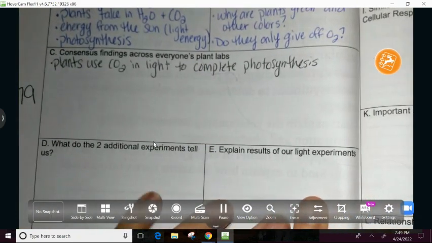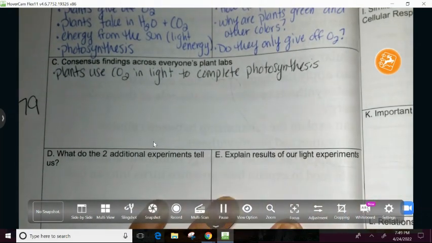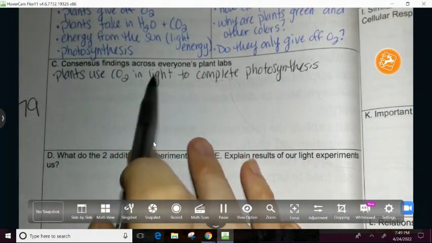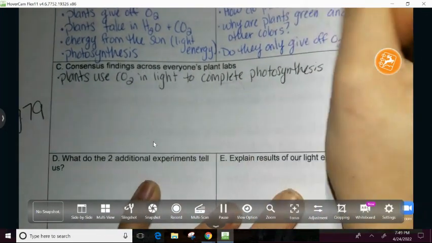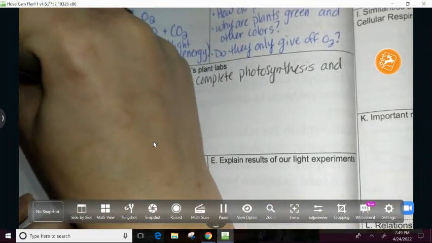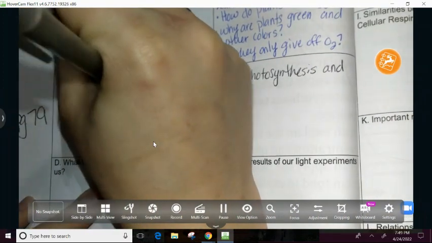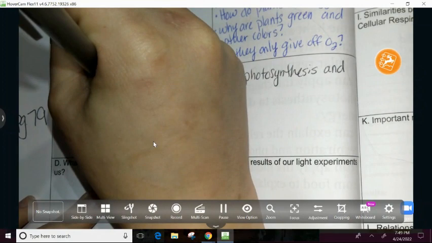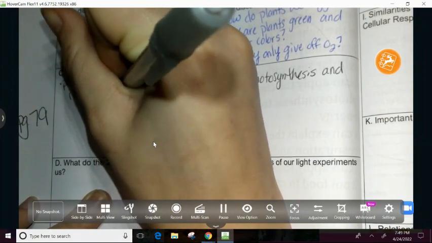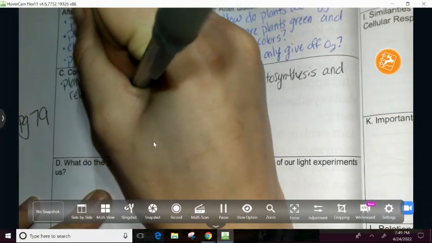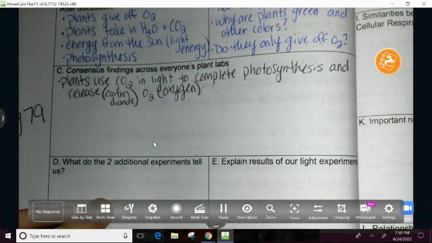If you think about photosynthesis, photo meaning light, carbon dioxide is used when there is light to complete photosynthesis. And during this process, they release oxygen. And just remember the CO2 is carbon dioxide.